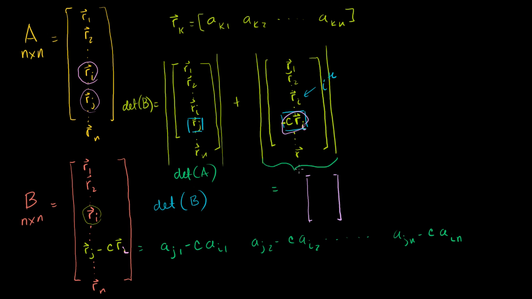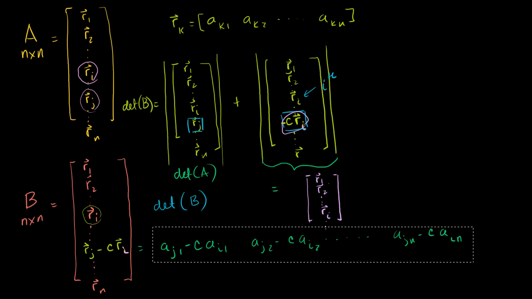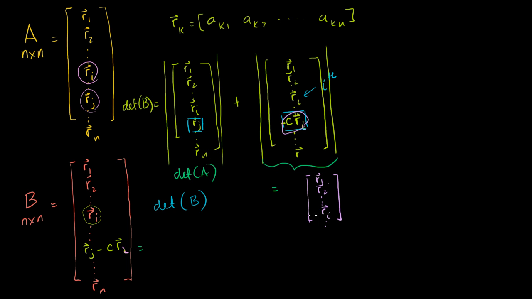Let me do it like this. You have an R1, R2, you keep going, then you have an Ri. Then you have another Ri. Let me clear this out just so I have some space to work with. There you go. You have that Ri there, and then you have another Ri right there.